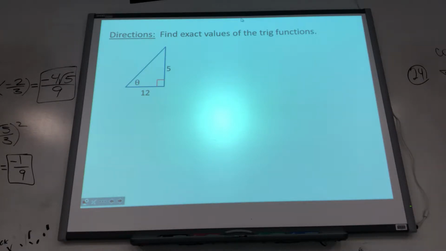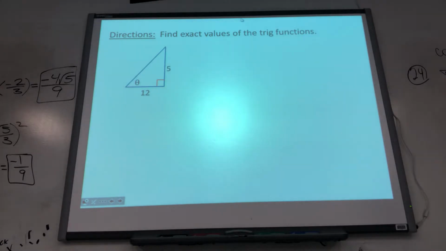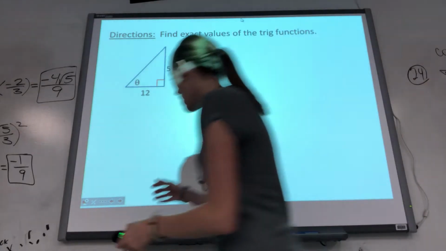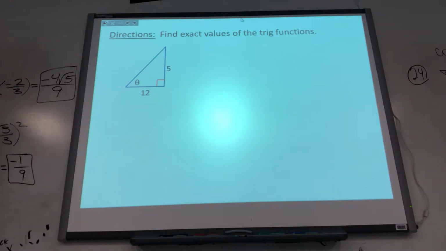The side on bottom is 12, and it looks shorter though, and then the side on the right is 5. Now each problem is going to be different. They're going to ask you for different stuff in each problem.